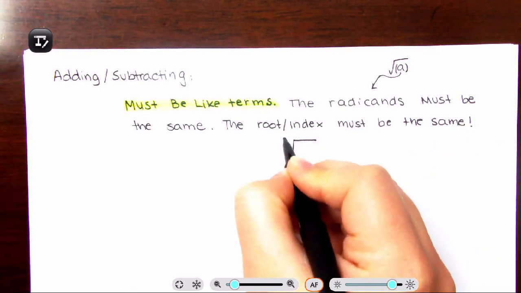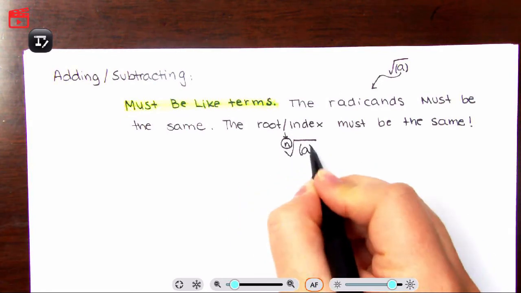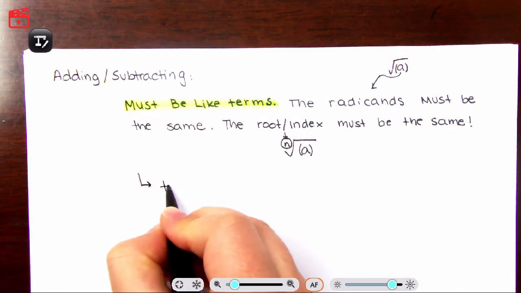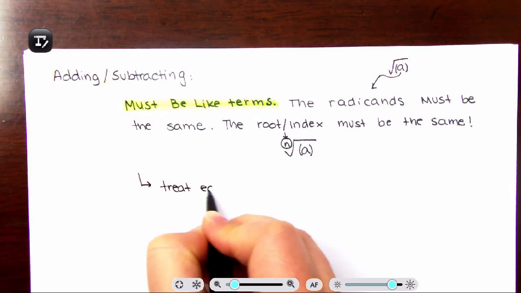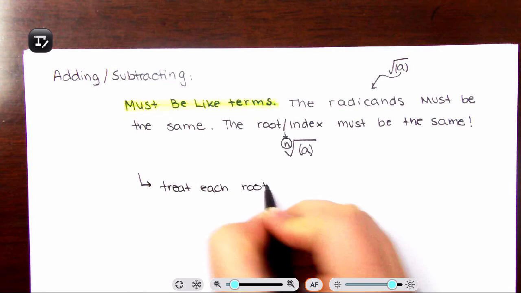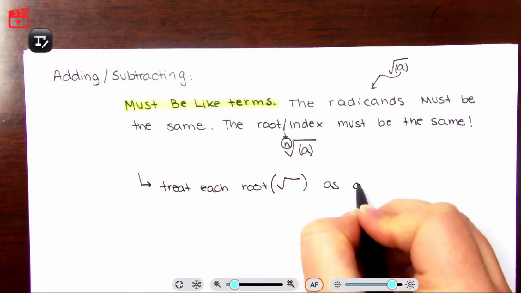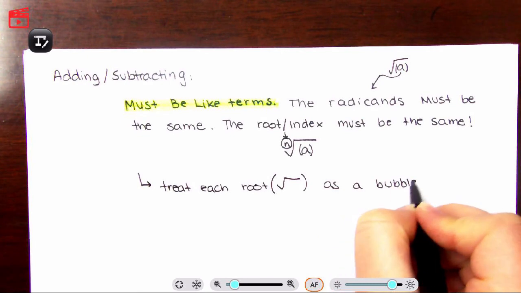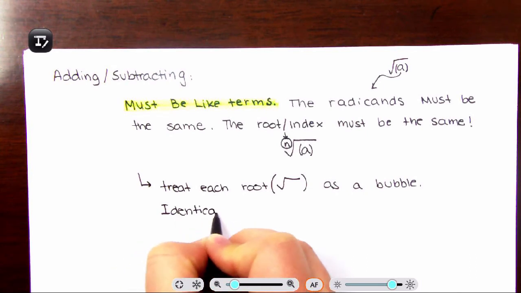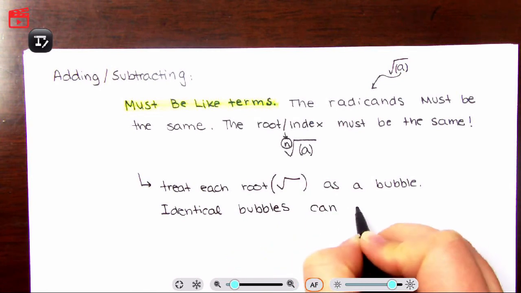And the root index is this guy right here. Okay, my hint, like I mentioned before, is treat each root as a bubble. Identical bubbles can be added and subtracted.